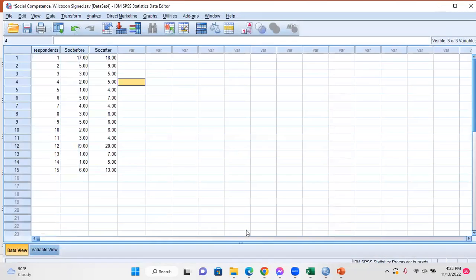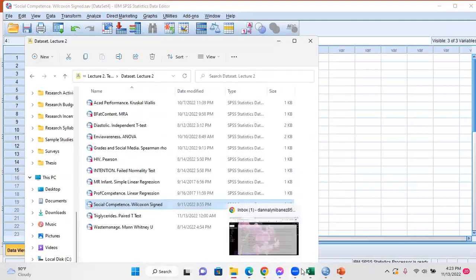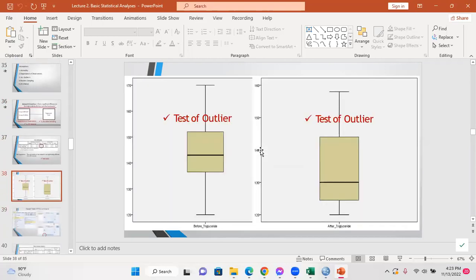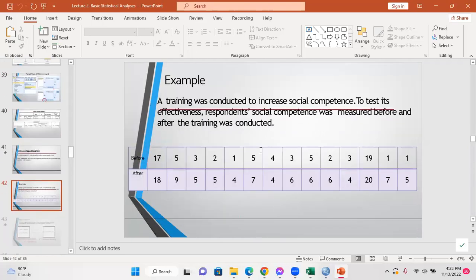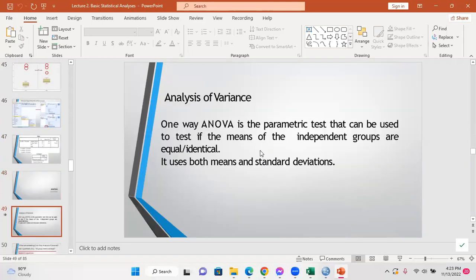So, open. Basig na de ko i-check kaning one way ba? ANOVA or the analysis of variance. I will give you these slides, okay? Don't worry.